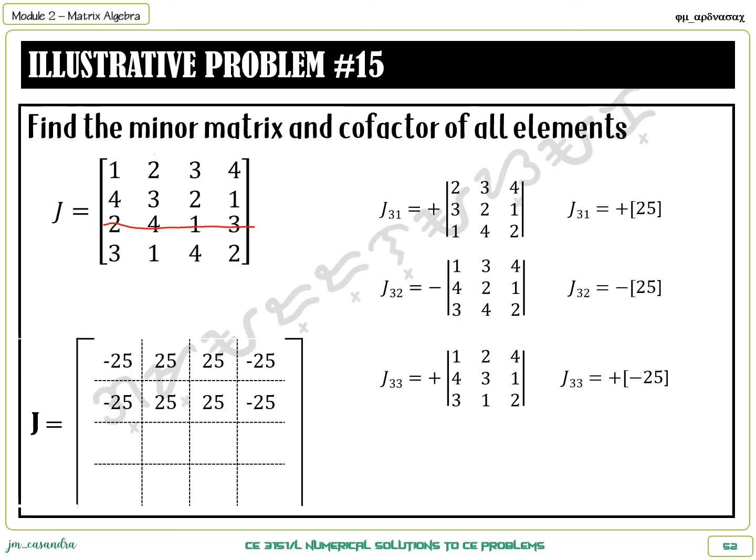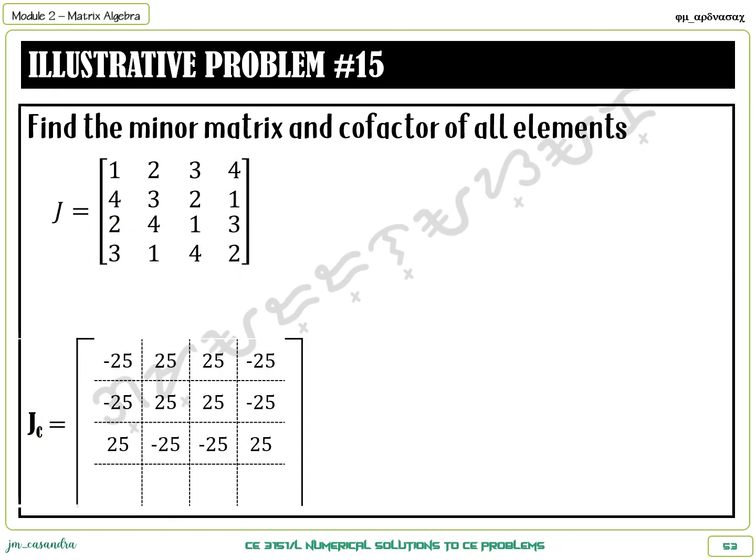And for 3, 4, we have negative 25. So let's put this in our cofactor matrix. That will now be equivalent to 25, negative 25, negative 25, 25.